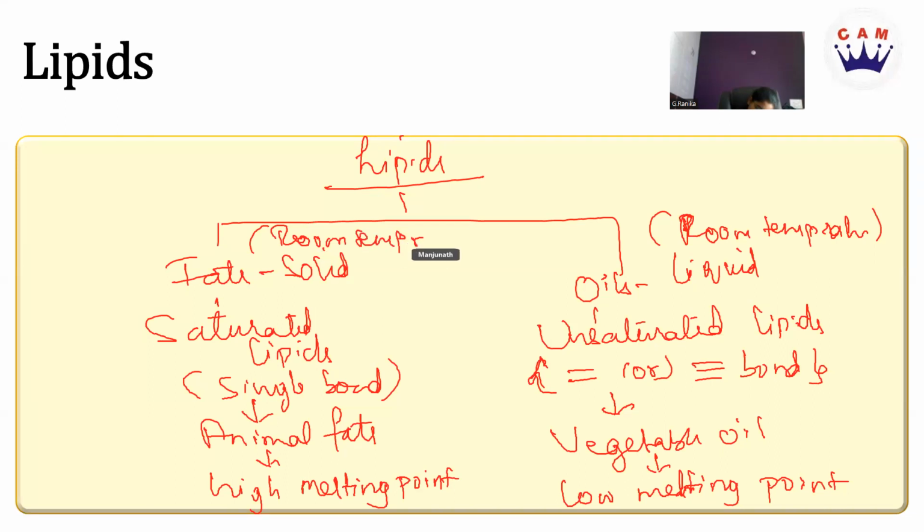So that is the reason why vegetable lipids are good for health than animal source. Animal fat gets deposited in the body adipose tissue, resulting in obese condition.